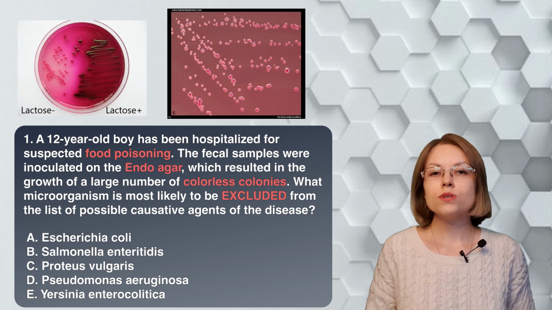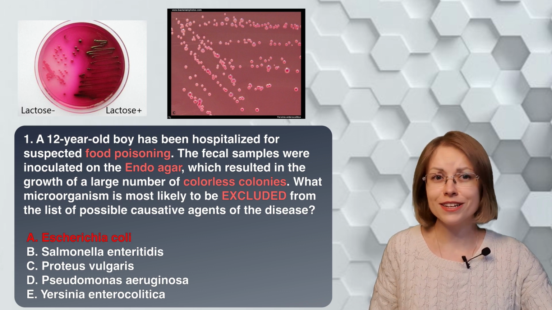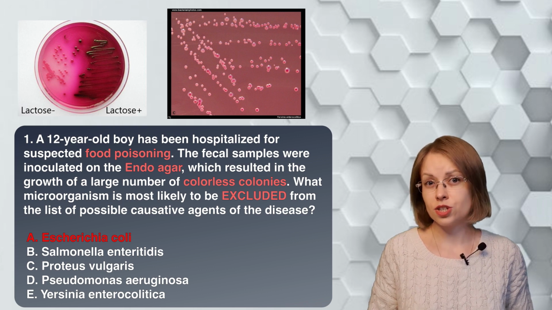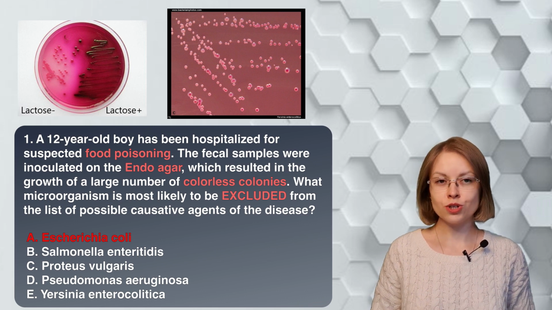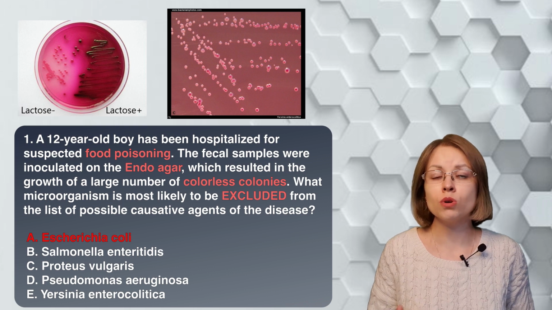Therefore, focus on the correct answer, Escherichia coli, only Escherichia coli. It almost always gives red colonies with a metallic sheen. Remember also sanitary microbiology: the presence of lactose-positive Escherichia coli indicates fecal contamination of water.